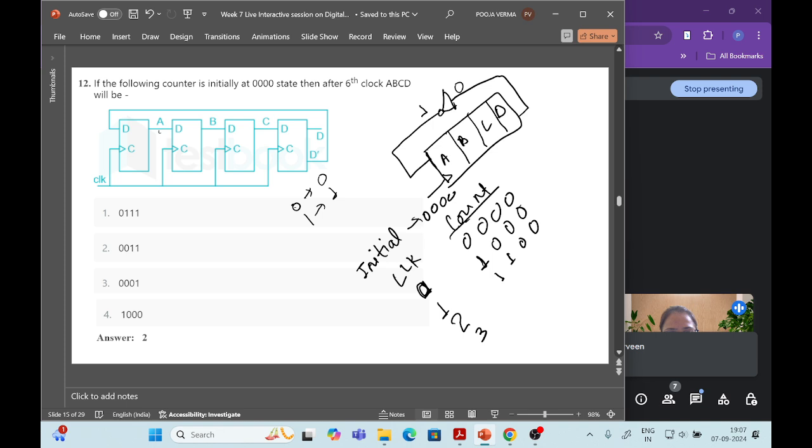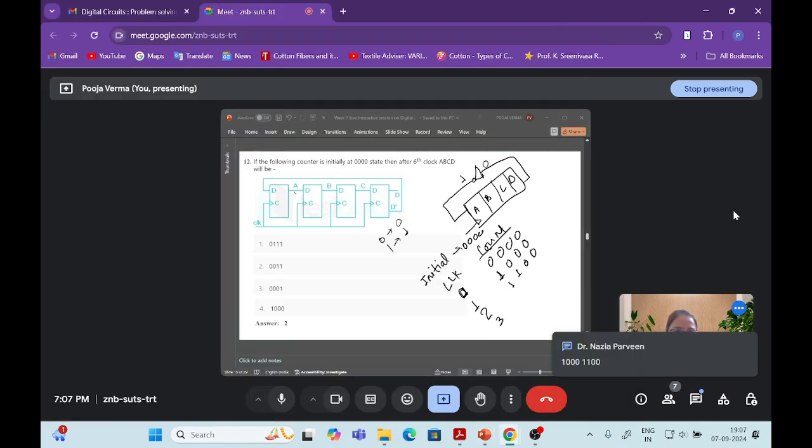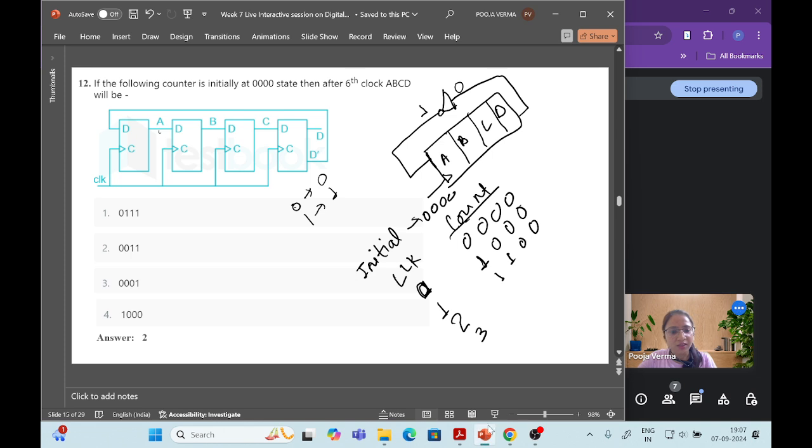Now the next clock pulse is applied, and it will move like this. We need to check till the 6th clock pulse. What will be the final sequence? When the third clock pulse comes, again D is complemented. That means 1, 1, 1, 0. Now at the next clock pulse, this 0 will be complemented, so 1 is given to A. Now again the next clock pulse.